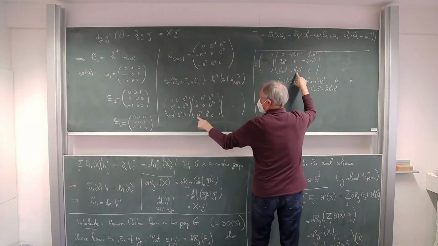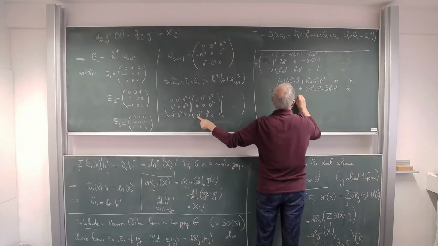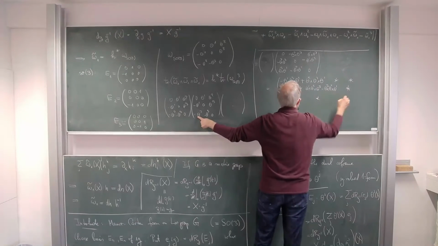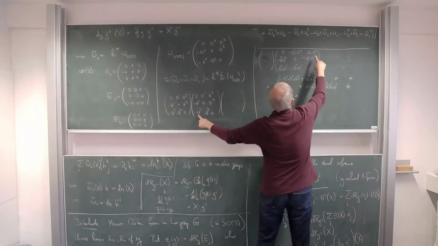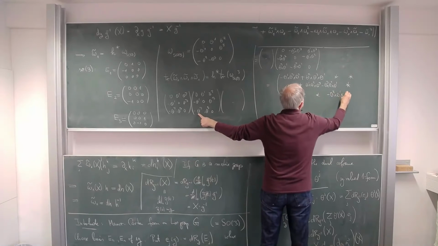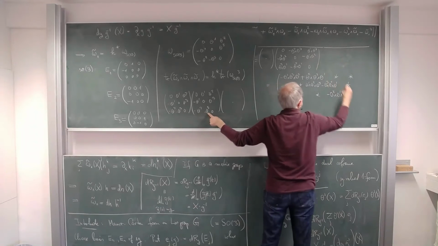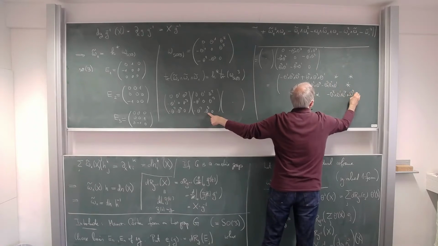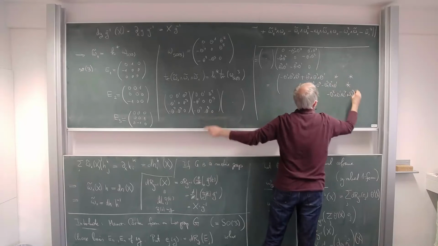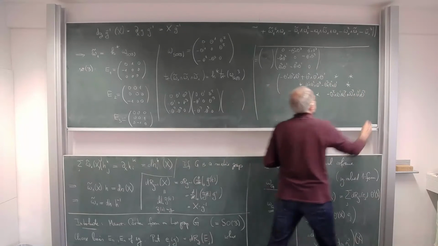From here, and I'm not interested in that one. Only this one remains, which is minus theta 2 wedge theta 1 wedge theta 3. Minus, minus gives plus, plus theta 3 wedge theta 1 wedge theta 2, for 0.